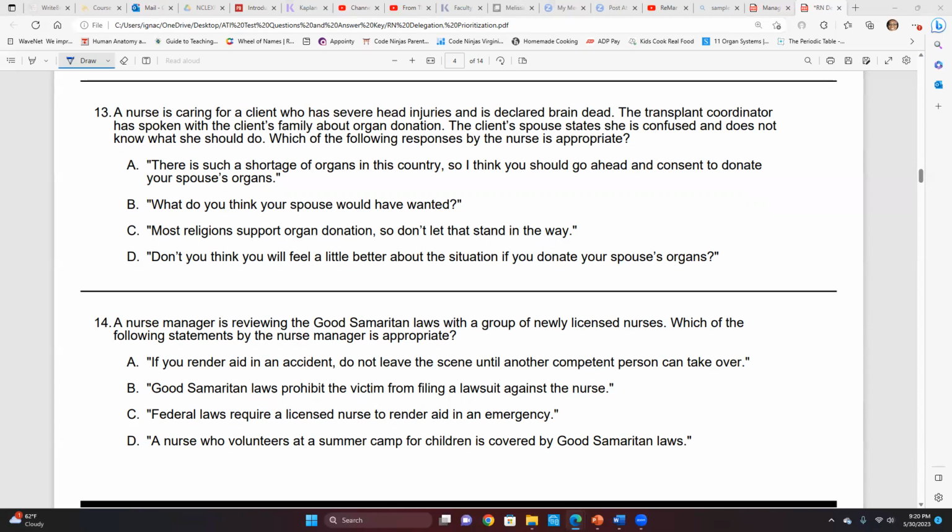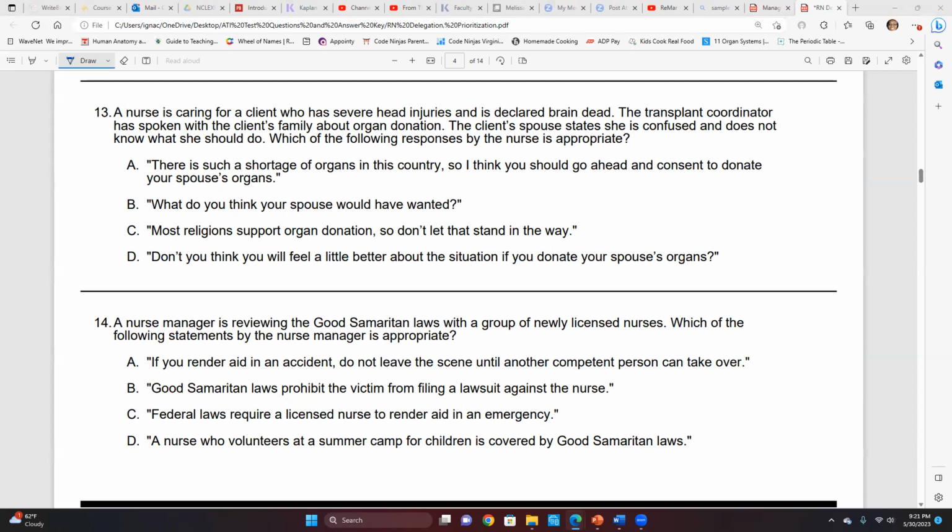Which of the following responses by the nurse is appropriate? There is such a shortage of organs in the country, so I think you should go ahead and consent. What do you think your spouse would have wanted? I'll say B.